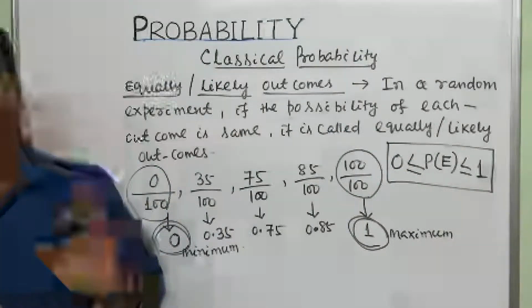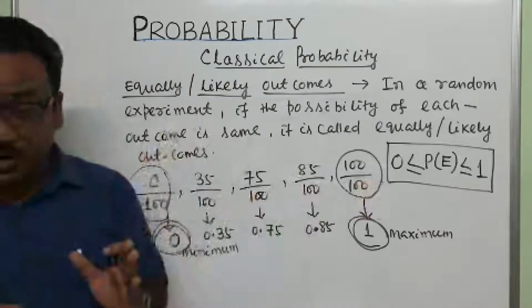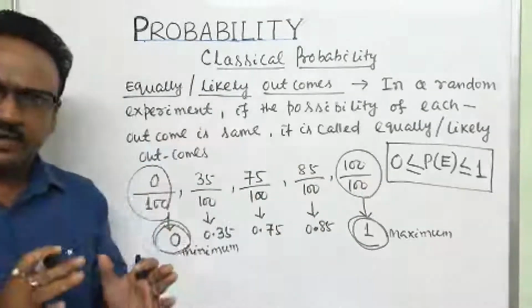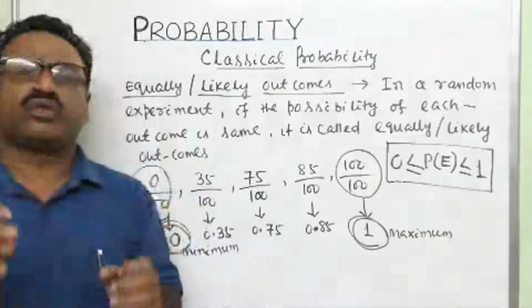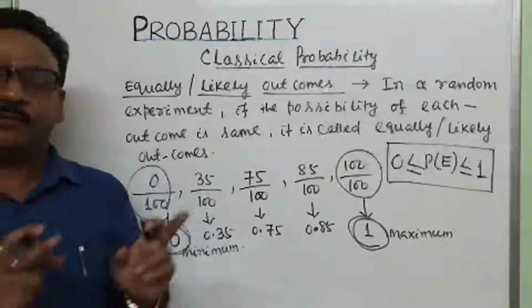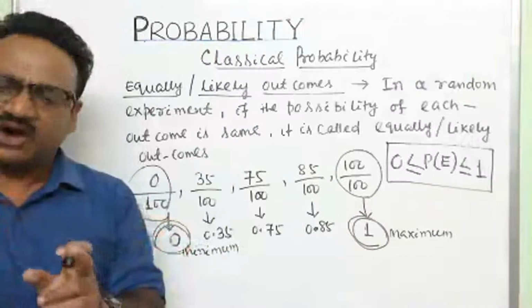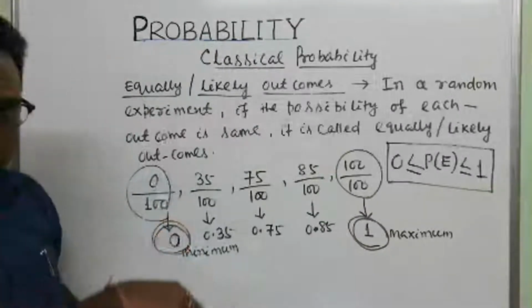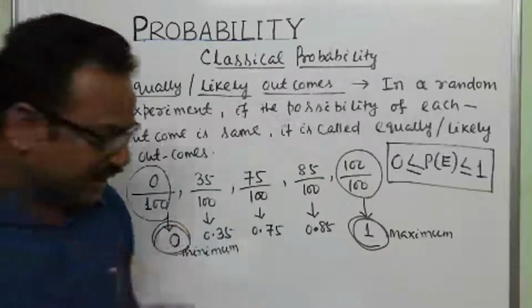Maybe 0, maybe 1, so the equal sign is given. If 0, what is it called? If 1, what is it called? One by one I will tell about the probability of the event.